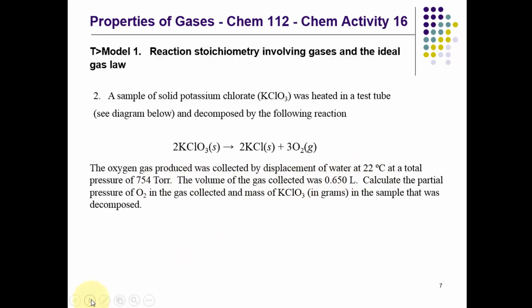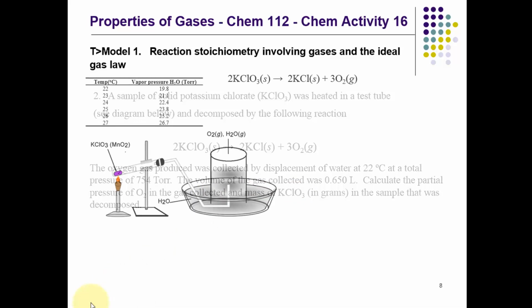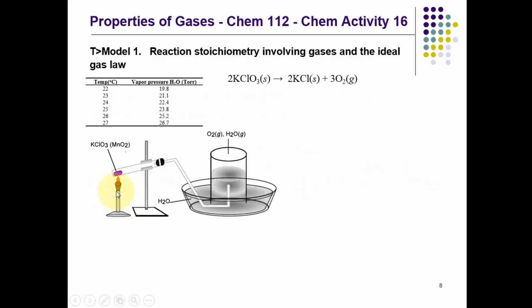Now let's take a look. Actually, I should also mention that what we're asked to determine is to calculate the partial pressure of the oxygen gas collected, and then finally the mass of the potassium chlorate that was decomposed. Let's take a look at the diagram here. In the diagram, you can see that I'm representing the potassium chlorate.